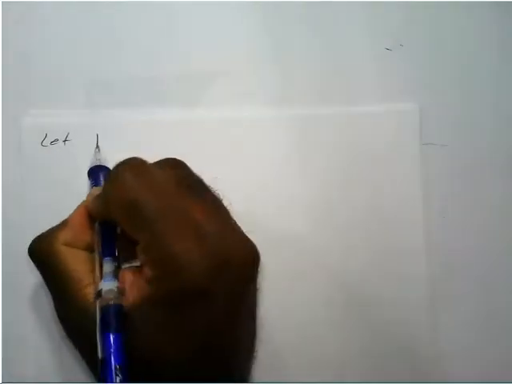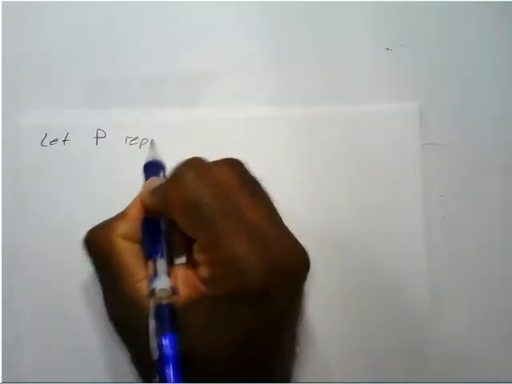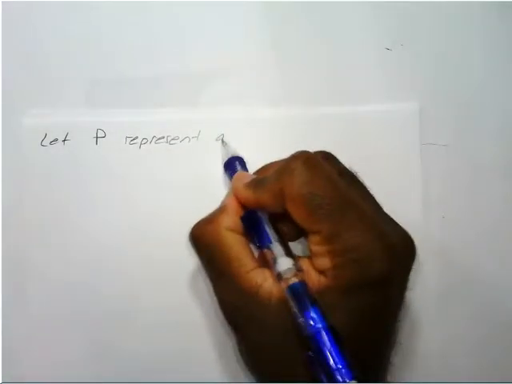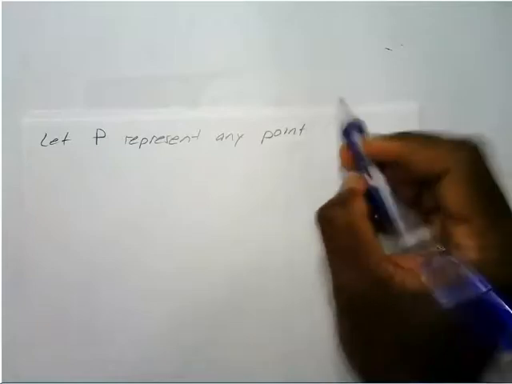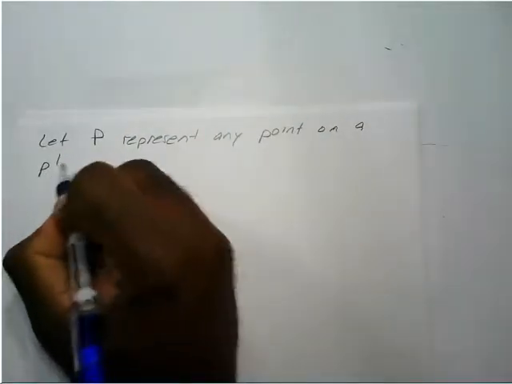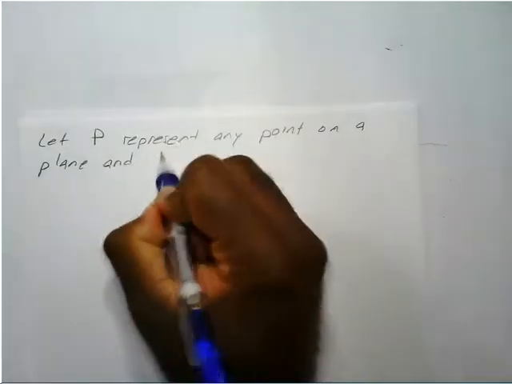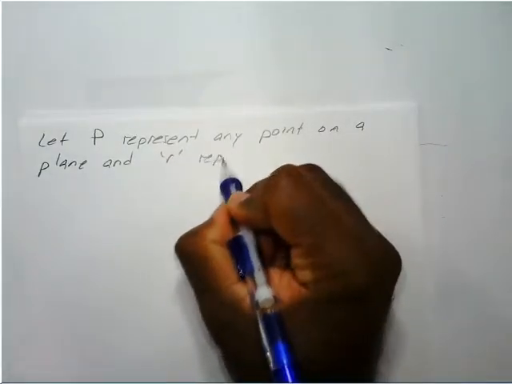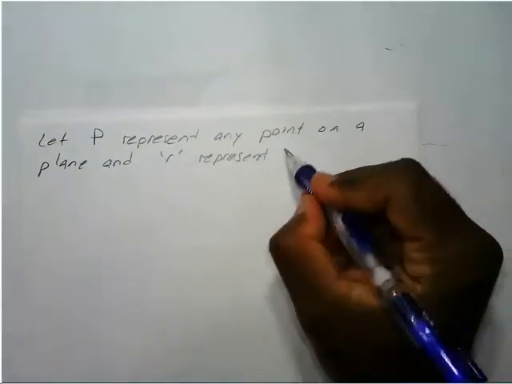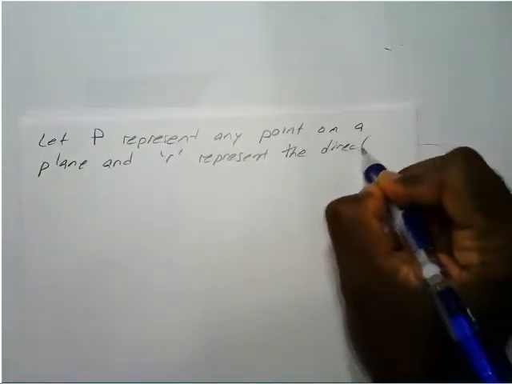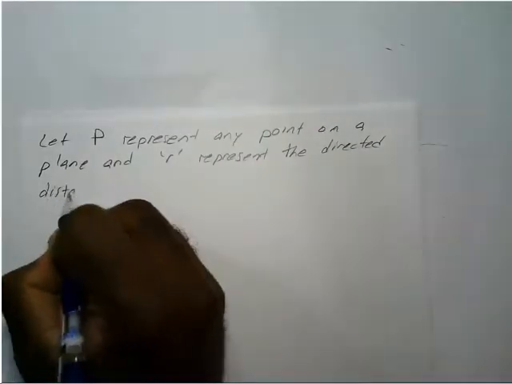Okay, so to give a better explanation as to how we can get from Cartesian to polar, or polar conversion, let's say we let uppercase P represent any point on a plane, and we let lowercase r represent the directed distance from the origin.